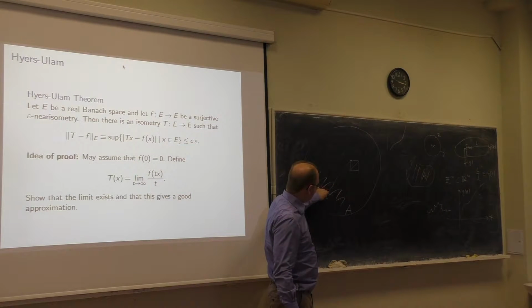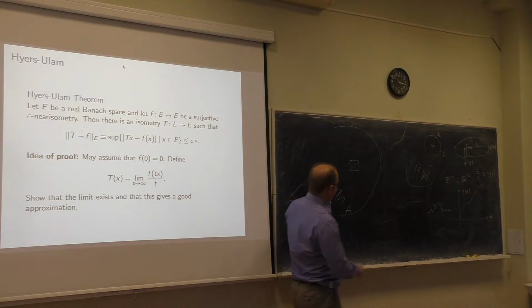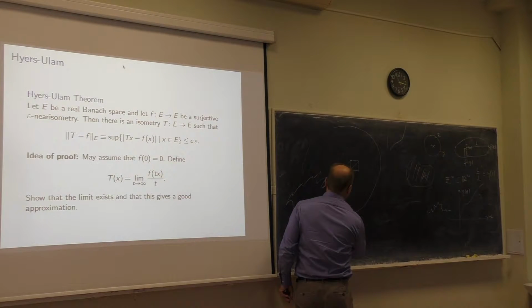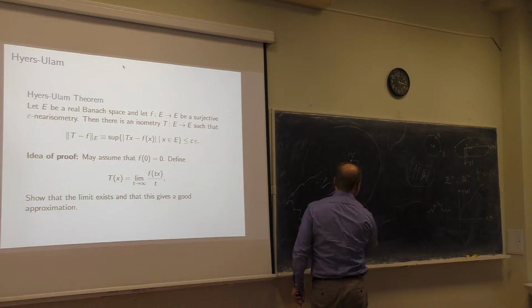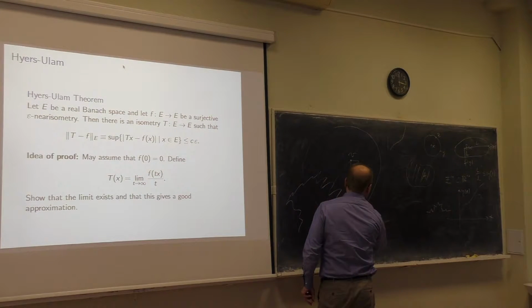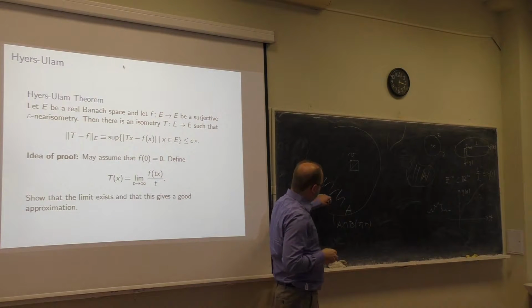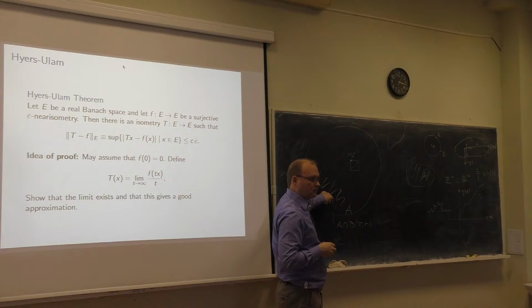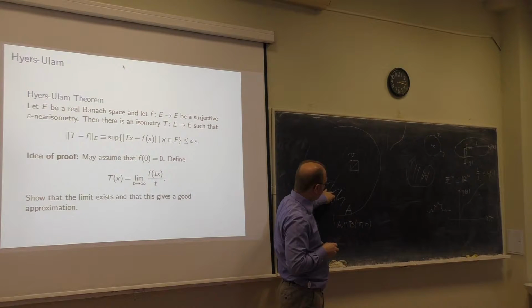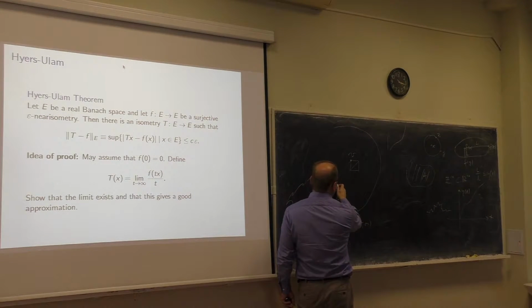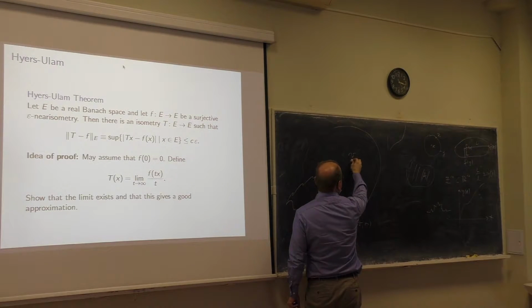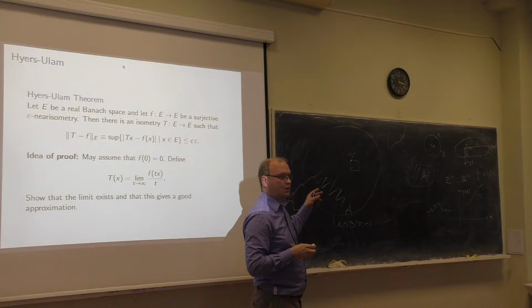We approximate the original mapping F in this intersection, A intersect B(x, R), and because the original mapping is, let's say, almost like 1 plus epsilon bi-Lipschitz, for example, we can approximate it very well with an isometry. And then we use the approximating isometry to define the value of the extension at this point.